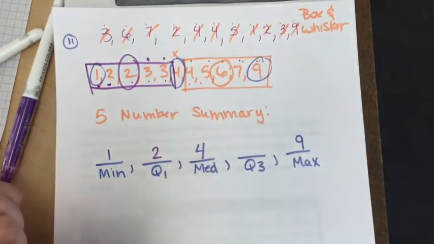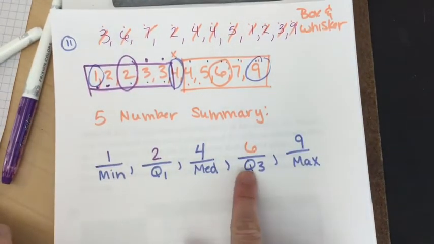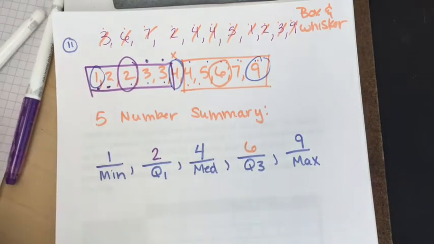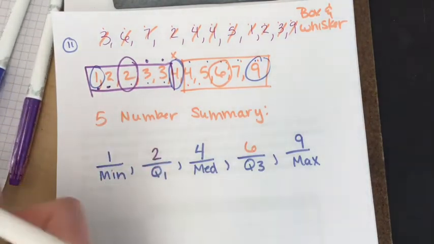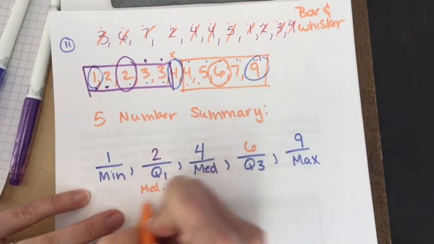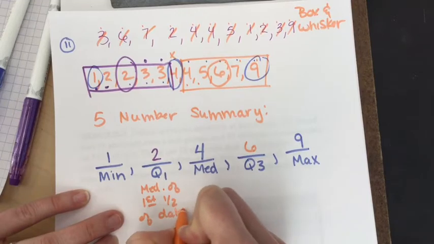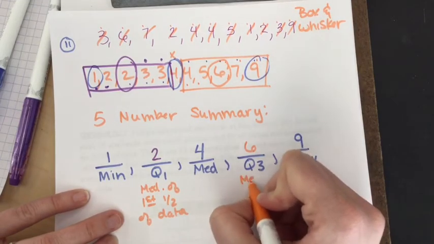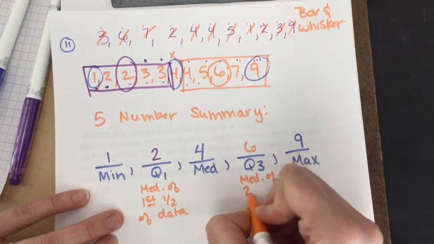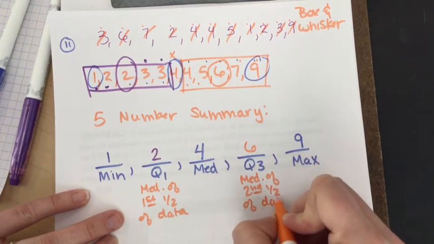This value of 6 is exactly in the center. Therefore, it is Q3. Okay, so don't forget, Q1 is the median of the first half of the data, and Q3 is the median of the second half of the data.